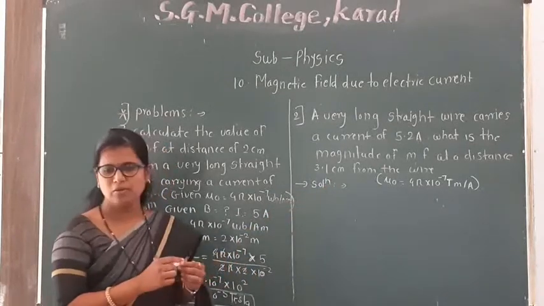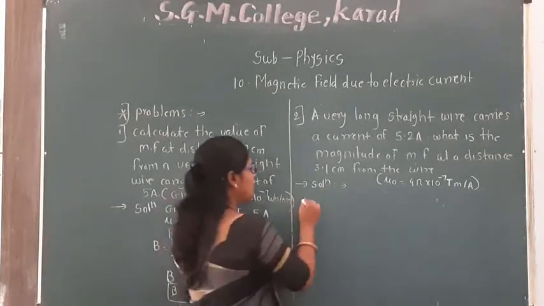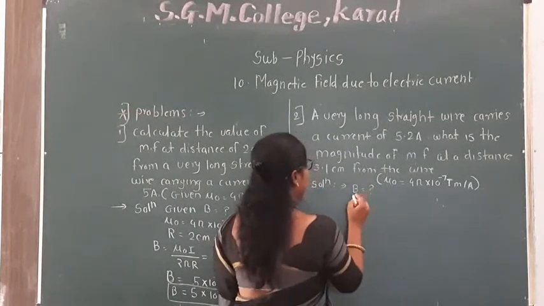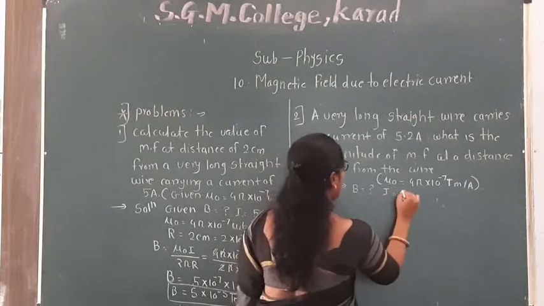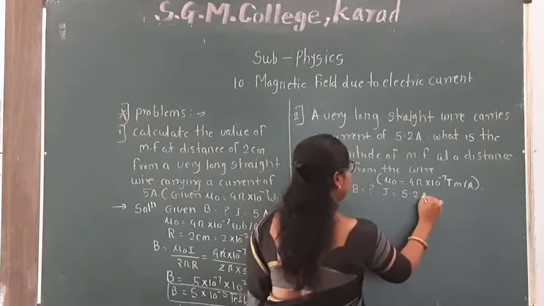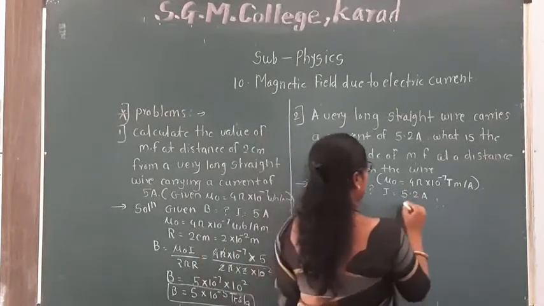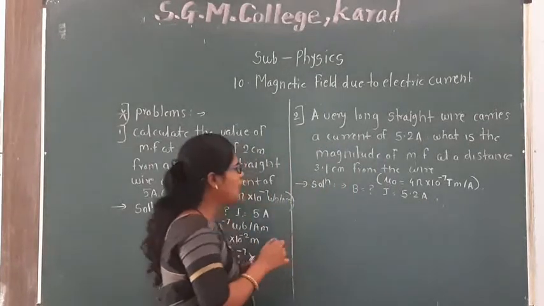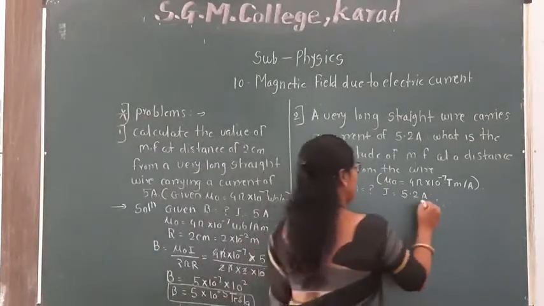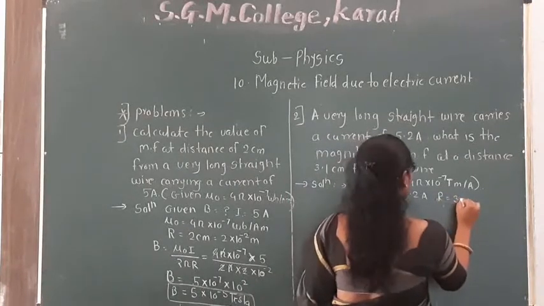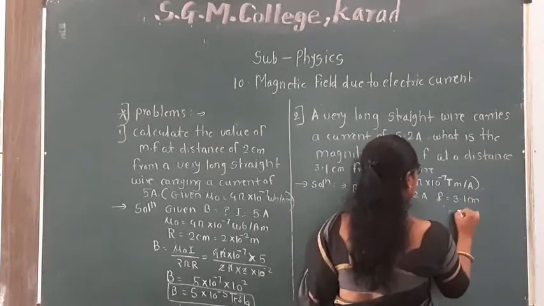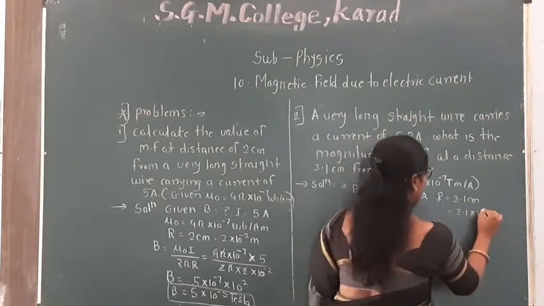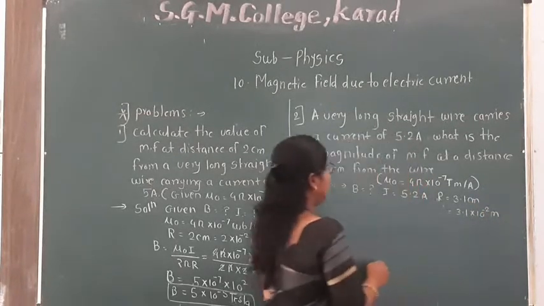Now here we have to use the same formula. Here also we have to calculate the magnetic field B. I is equal to 5.2 ampere, and the distance R is given. R means the distance from the wire. The distance R is 3.1 centimeter, equal to 3.1 into 10 raised to minus 2 meter after converting centimeter into meter.